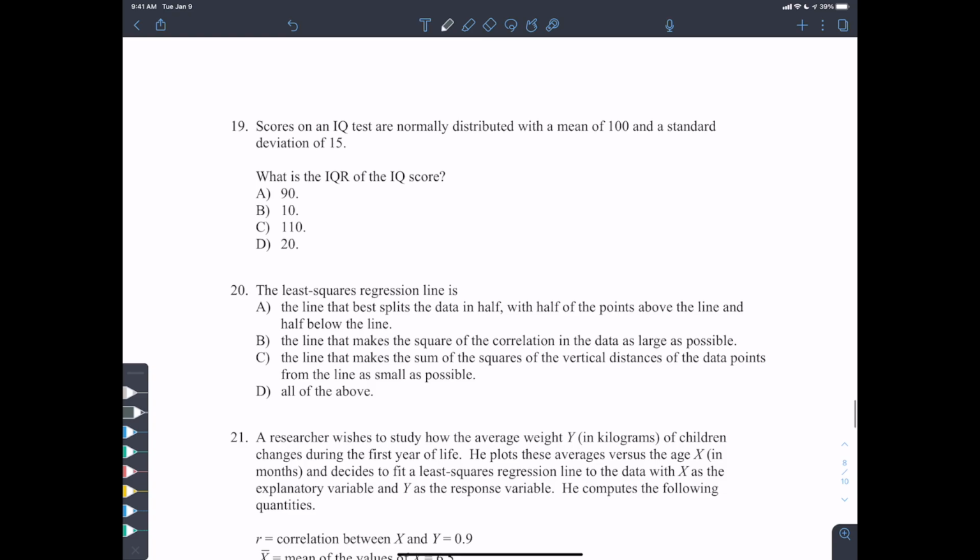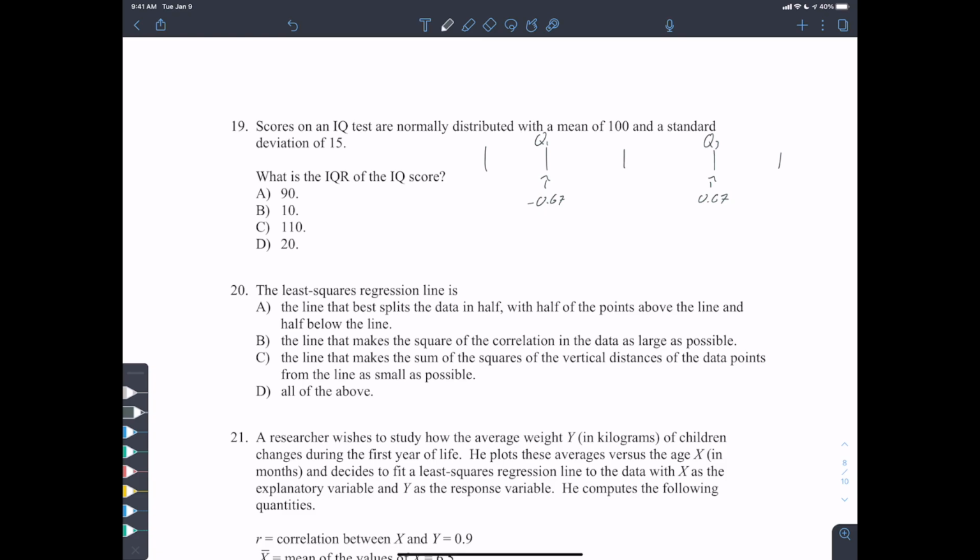So what you want to do is you just want to calculate your Q1 and your Q3, and you can do this with your mean and standard deviation by just using your Z formula. So you want to find this point here and this point here. To do that, your Z scores for both of these is just going to be negative 0.67 and positive 0.67.